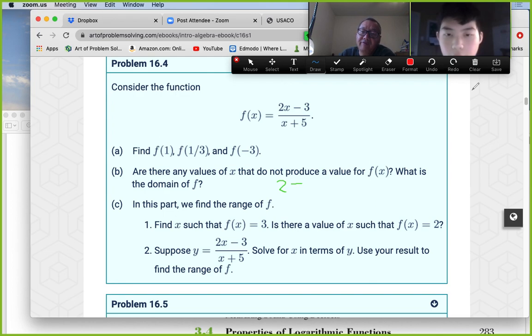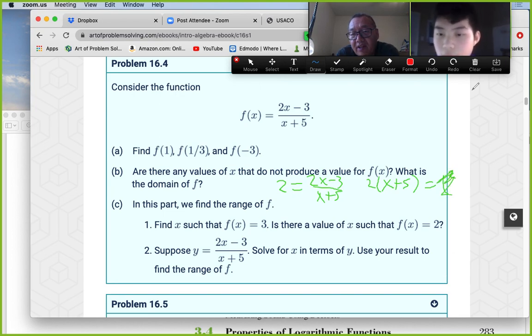Yeah, do the same thing. You don't need to write the x plus 5 to the right side.